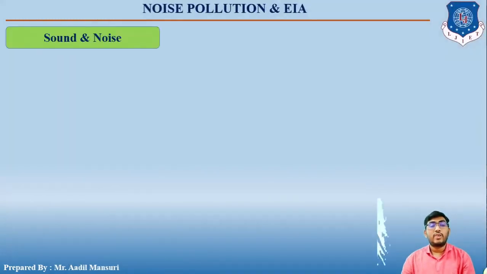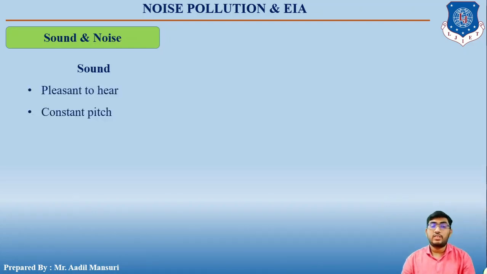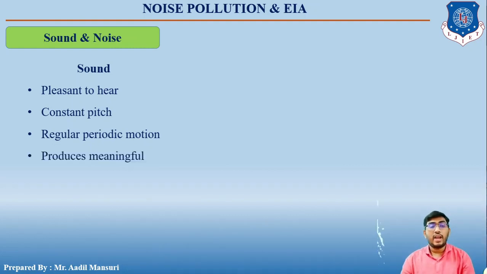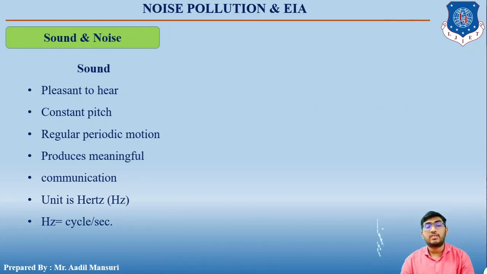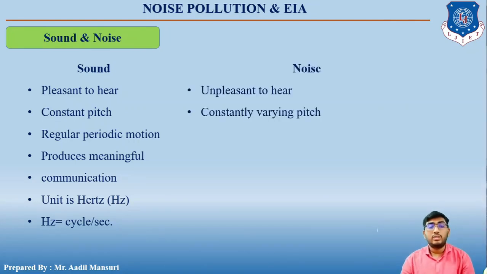Next is sound and noise. What do we mean by sound? It is pleasant to hear and has a constant pitch. It has a regular periodic motion and produces meaningful communication, and its unit is hertz, meaning cycles per second. Talking about noise, it is unpleasant to hear and has a constantly varying pitch.